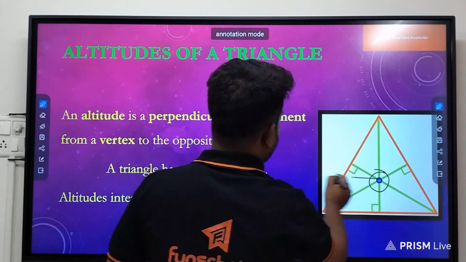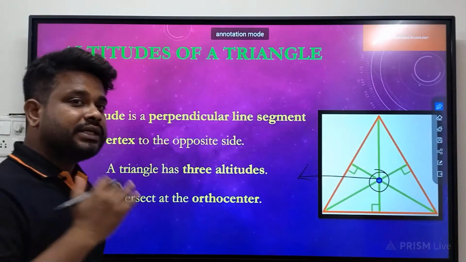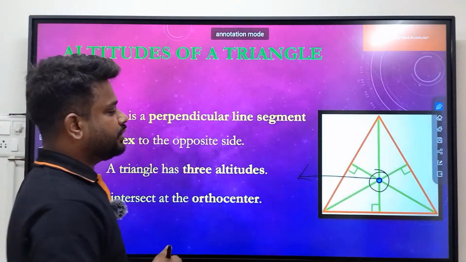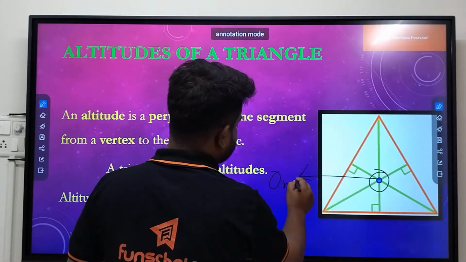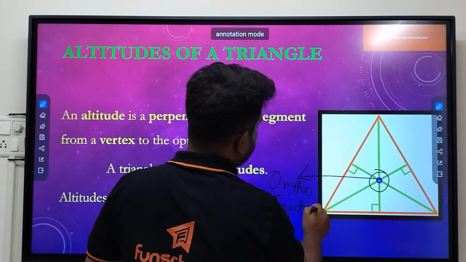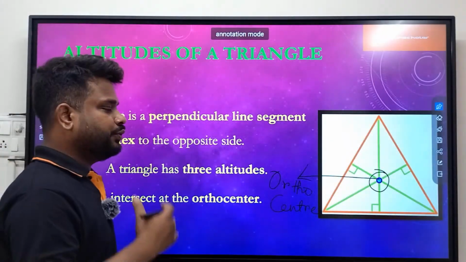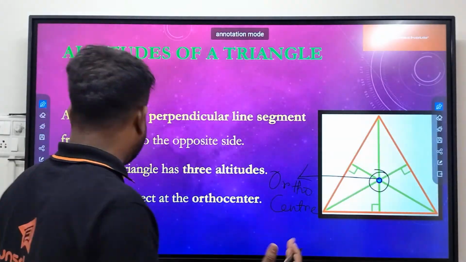The point where medians intersect we call the centroid, but we will call this point the orthocenter. Okay, and this also has many features which we will discuss later.